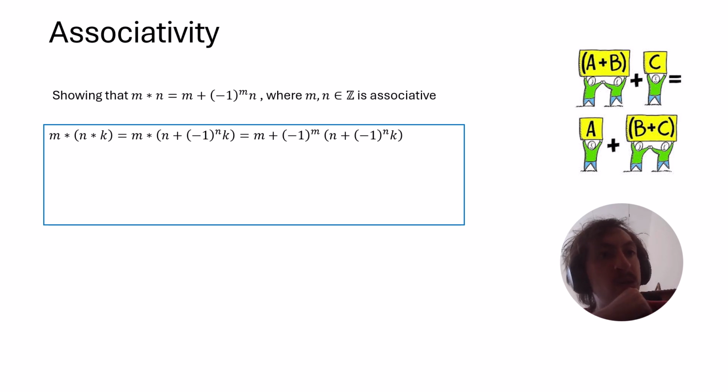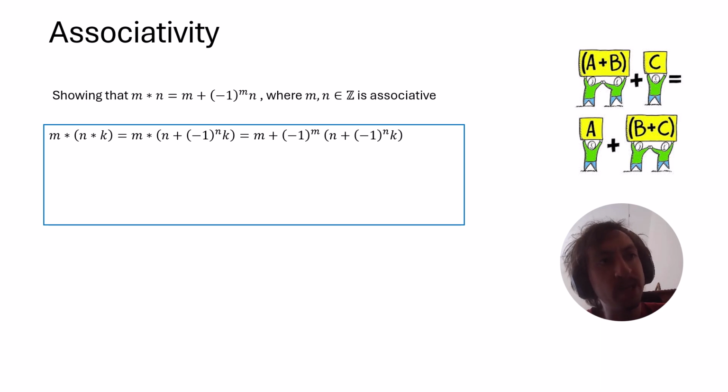So if we're going to show it's associative, we essentially want to show that if we act the star operation on 3 elements, the order of brackets between 2 of the elements doesn't really matter. So we have to find firstly m star n star k. When we do that, we get this expression, and this is fairly straightforward.